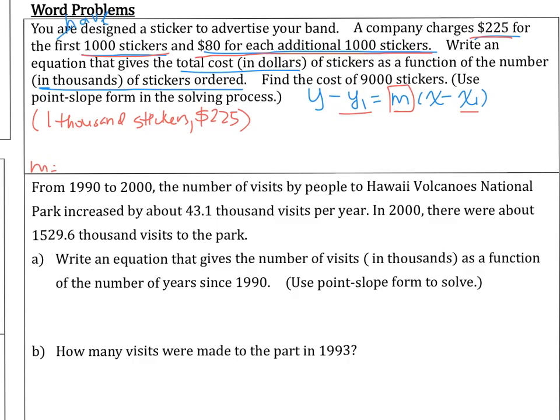I'm going to write it right here. $80 per additional 1,000 stickers. Then Y here will be your total cost. And then your X variable will be the number of stickers in thousands.